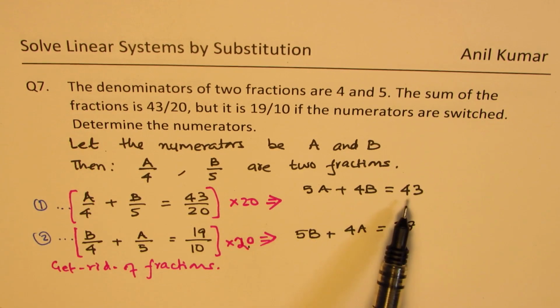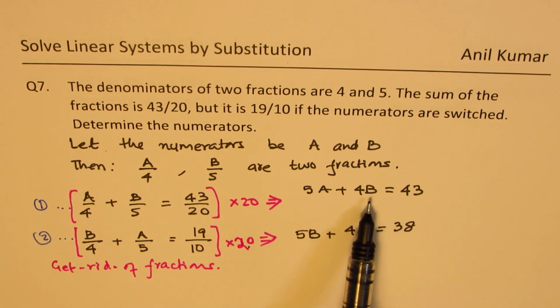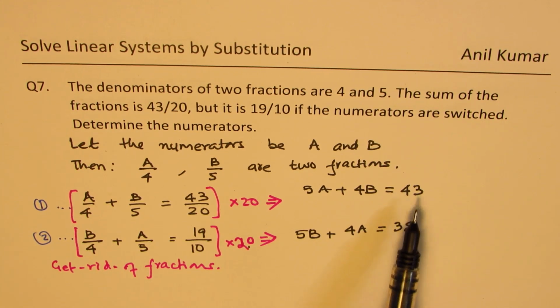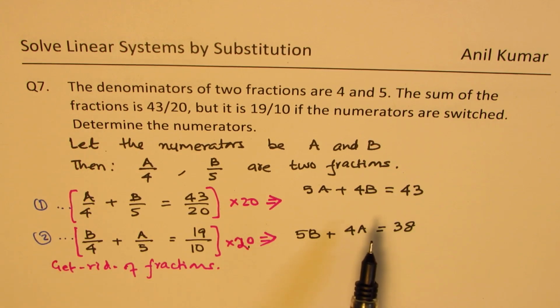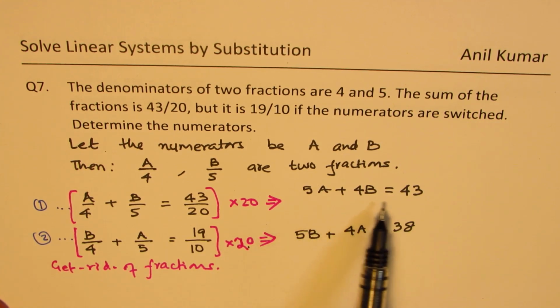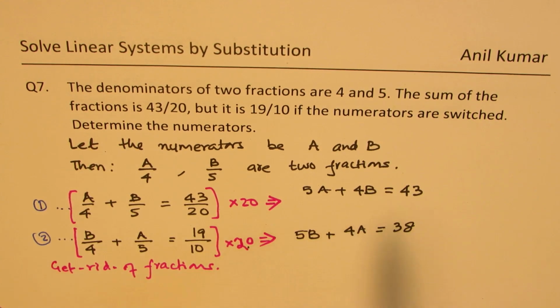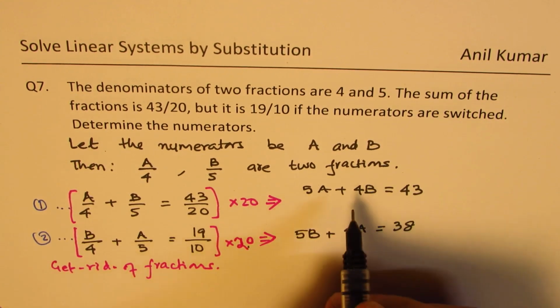Now if you look into this, isolating a or b will again lead to fractions, correct? So how could we go about it? Because we need, let's say, b, we need 5b here. So let's isolate b from this place.